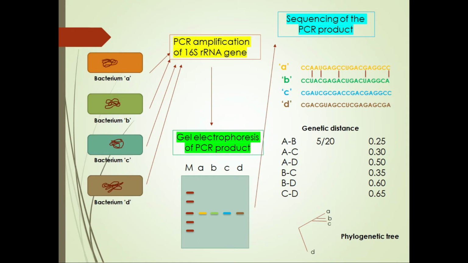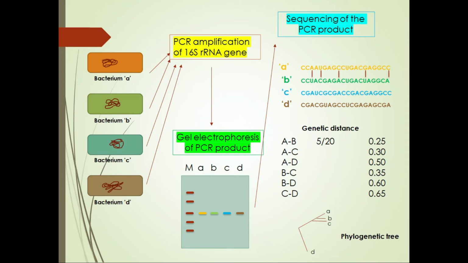Say, for example, here is how this evolutionary relationship is obtained among bacteria, how the genetic study helps to know the evolutionary pattern of the bacteria.